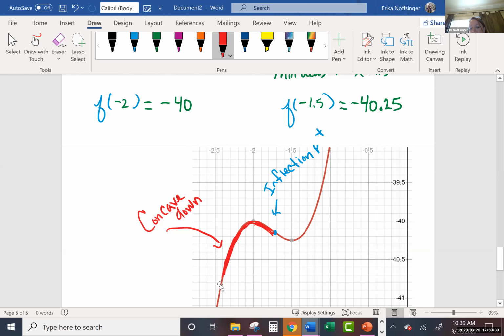It's increasing on the left of -2 and it's decreasing on the right of -2. And it's all concave down there. Here though, after our inflection point, we're decreasing and then we're increasing. And this whole part of the graph, forever and ever from now on, is concave up.